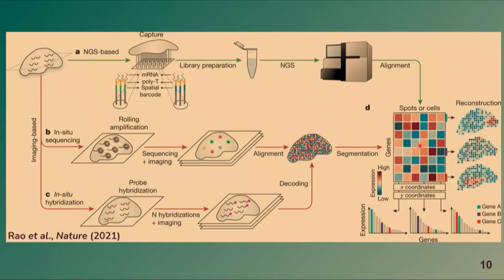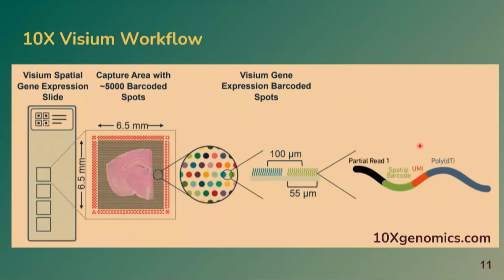So there are many technologies for performing this kind of capture. The most popular one is the 10x Visium workflow, which employs this spot-based capture methodology. And here we can see an example of the capture bead structure. Here in the UMI and spatial barcode, we have the information about the X and Y coordinate, and also an identity code for each spot as well.